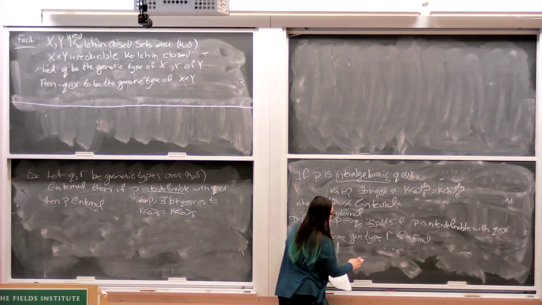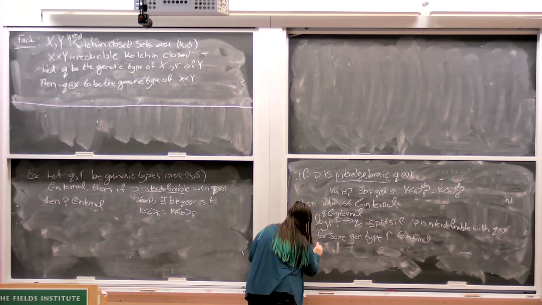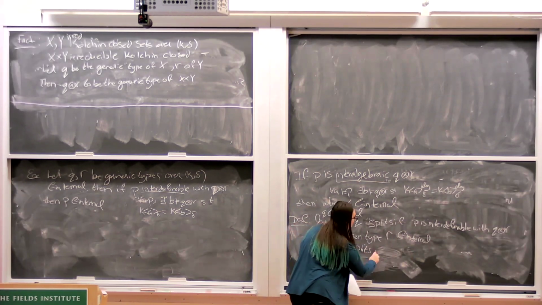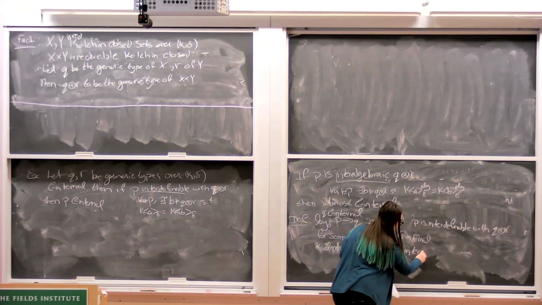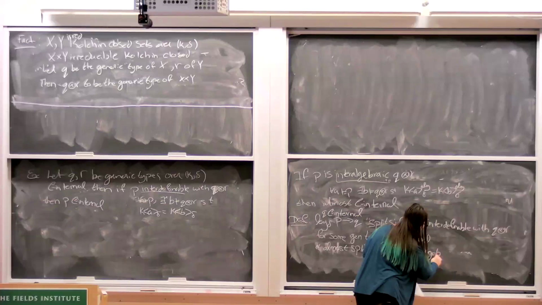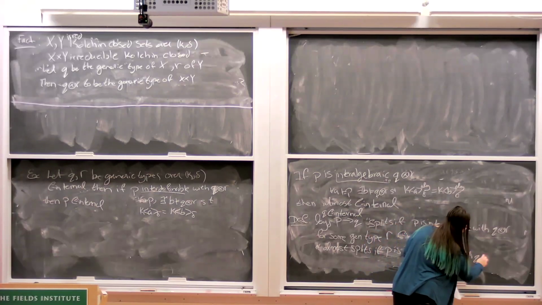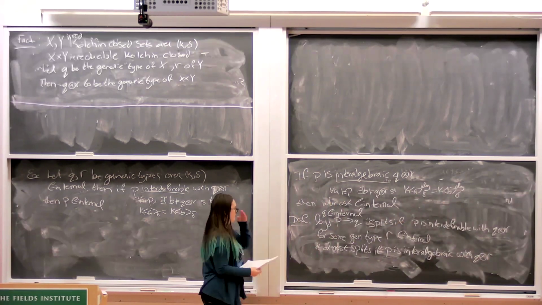And then to capture the almost internality, we'll say that this map almost splits if P is inter-algebraic with Q tensor R, again for some R which is internal.